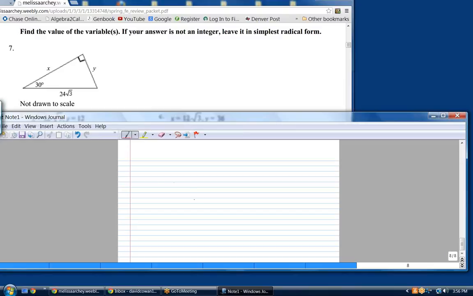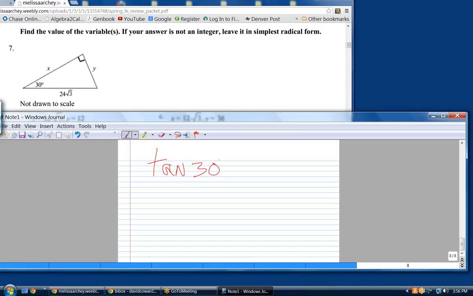Wouldn't it be a tangent? Okay, so tangent of what? When you take trig functions, you're always taking trig functions of angles. Tangent of 30 then.